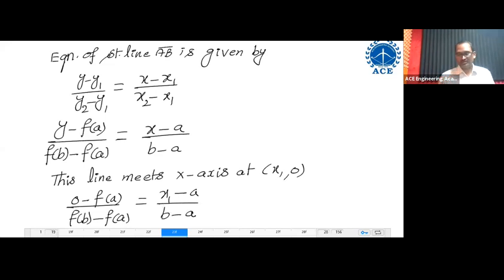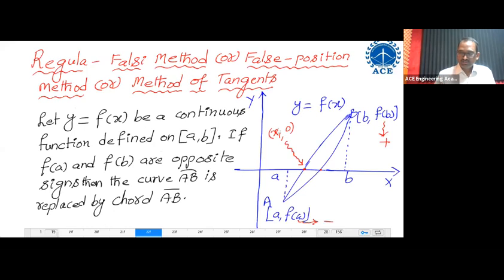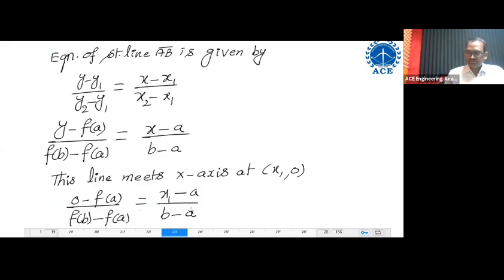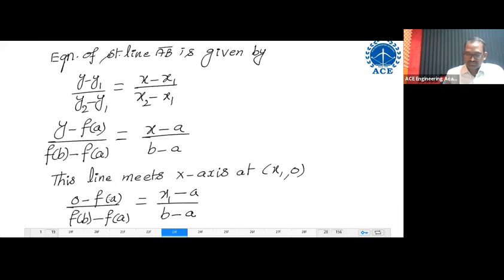X1 is the first approximation. Look at the diagram, x1 is the first approximation. FA means first approximation. Simplify and then find x1 from this. So b minus a will go to the left side numerator.